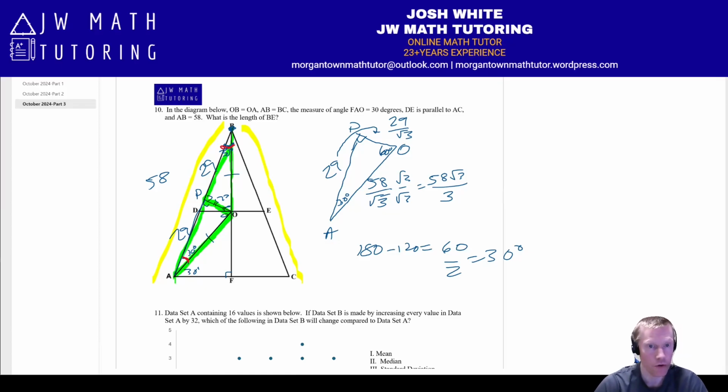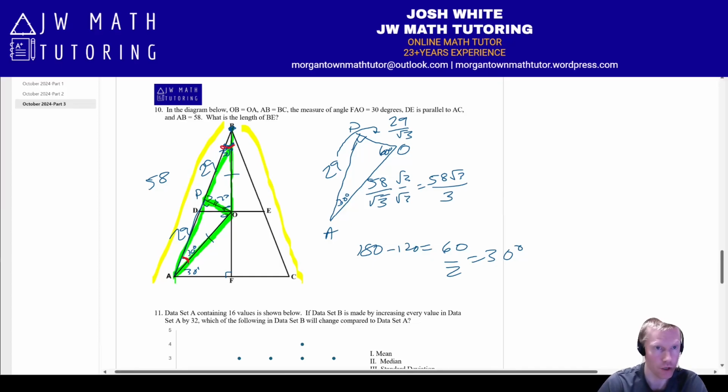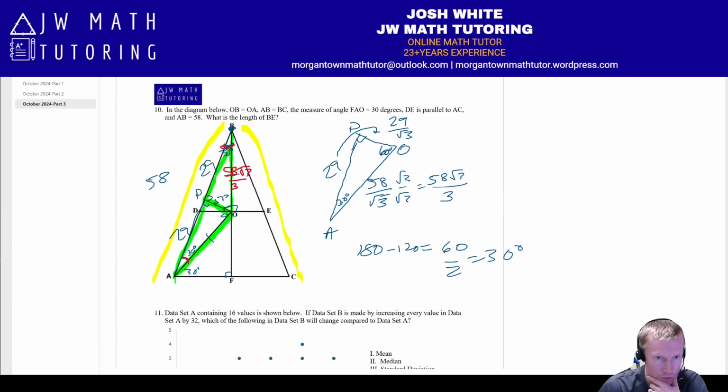Now, because again these two triangles are congruent, the two green ones, that means that OB is also equal to 58 root 3 over 3. So right here, 58 root 3 over 3 for OB. So now you can look at either of these two top triangles.